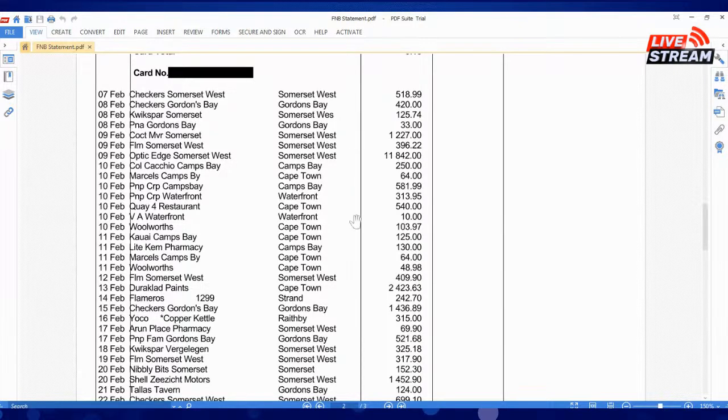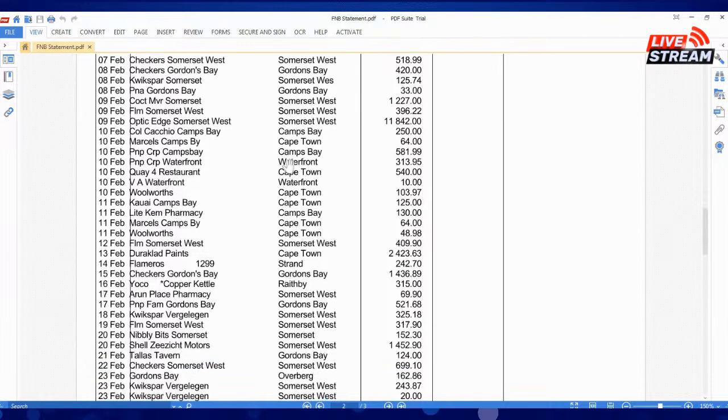But all of a sudden, there are different deductions from a different portion or part of South Africa. So all of a sudden it skips from Somerset West, Gordons Bay, it jumps to Camps Bay, Cape Town, Camps Bay, Waterfront. So something happened during this period of time. So this tells a whole story.